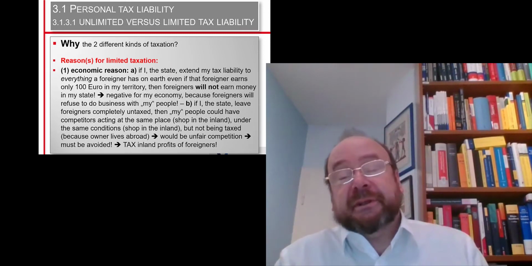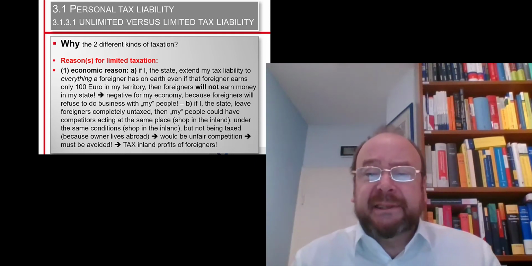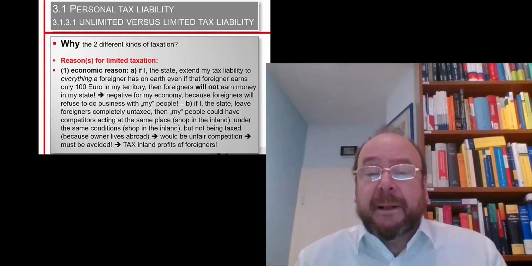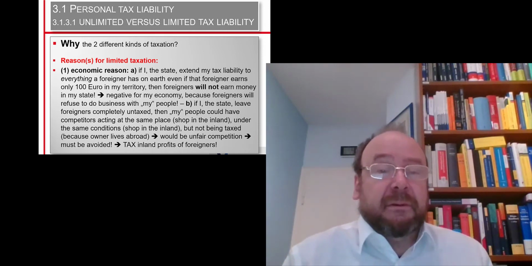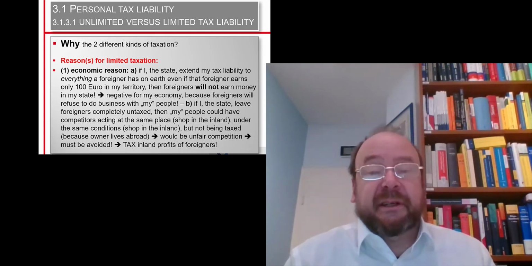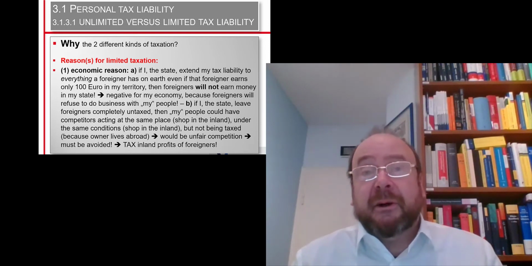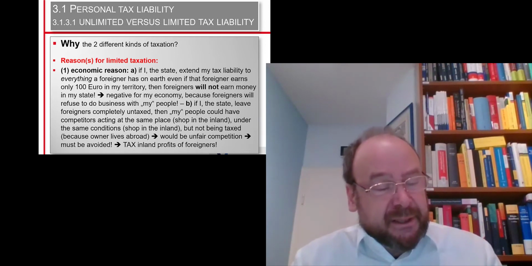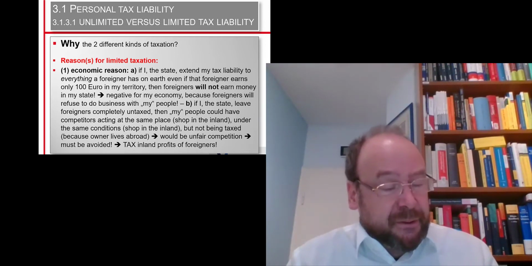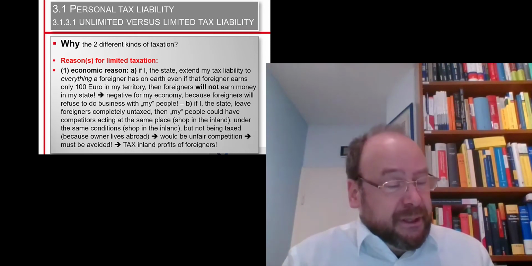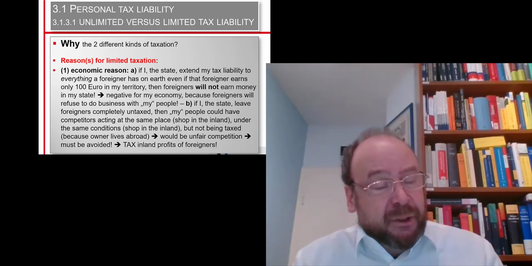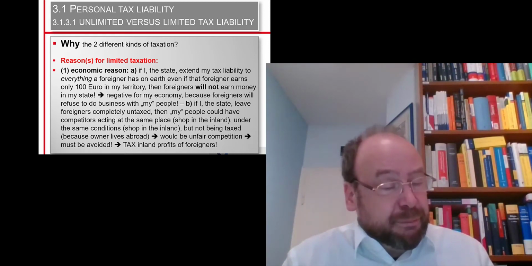Limited tax liability. Why is there also a compelling economic reason for that? Imagine you have no limited tax liability, but you want also to apply a worldwide taxation on the foreigners. Now imagine there is a billionaire living somewhere in Saudi Arabia, and that billionaire thinks about an investment project in Germany, which could bring 1 million of profit.